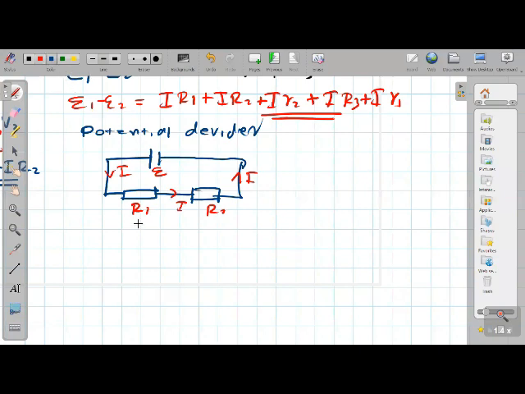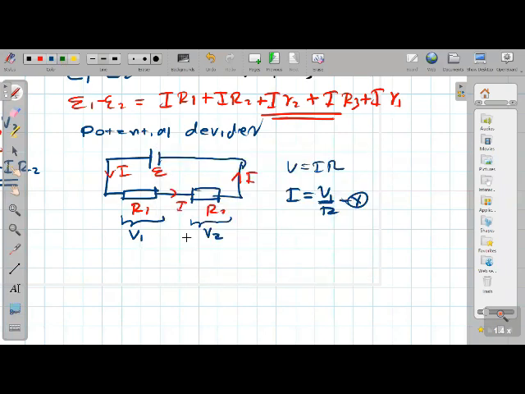And as I told you, the voltage is split according to the magnitude of resistance, according to Ohm's law, right? So we know one thing, the current is equal throughout. According to V equals IR, you can get I equals V over R.